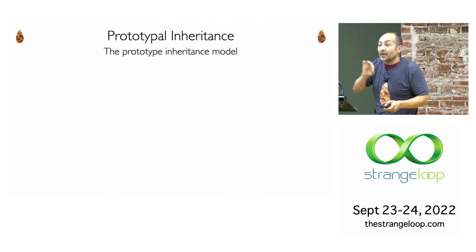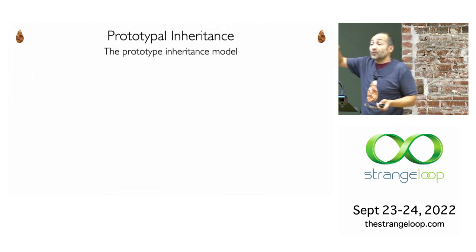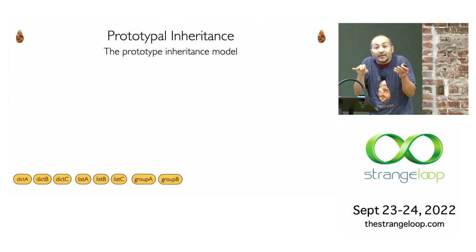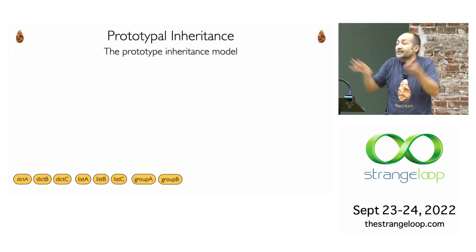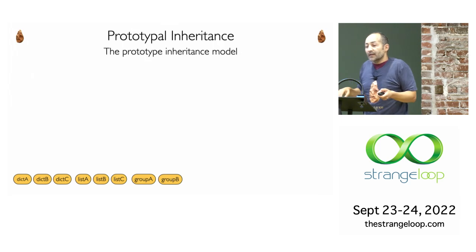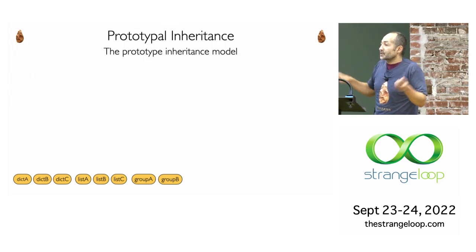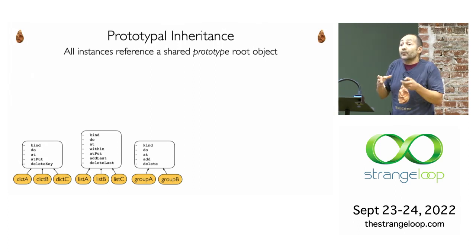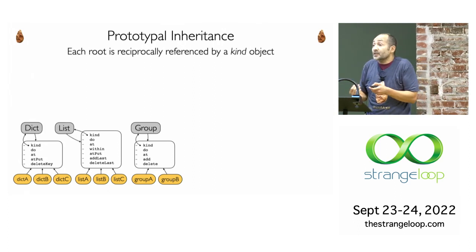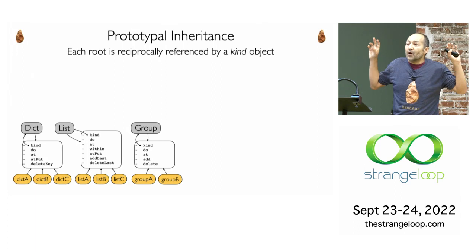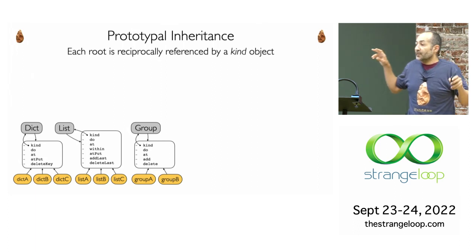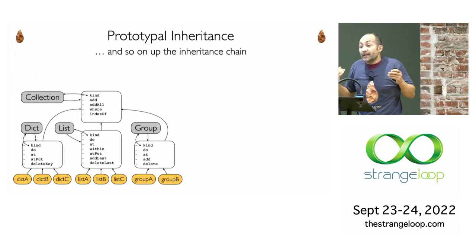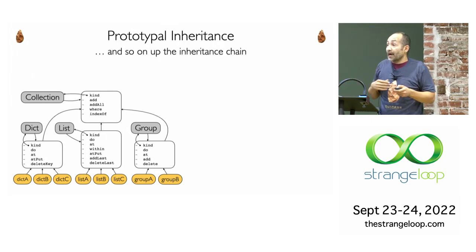But to get into that, I'm going to give you a quick guided tour through prototypal inheritance in JavaScript. Let's say we have some instances of dictionaries and groups and so on. They all inherit from a common root, a prototype that's associated with the class, or constructor, I use it so loosely in JavaScript, and there's a hierarchy, perhaps.